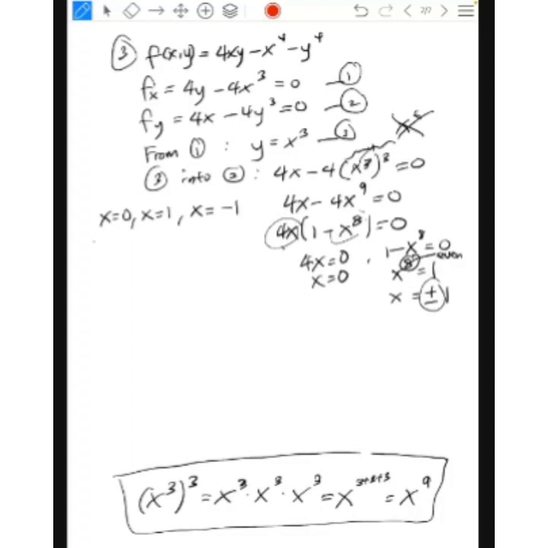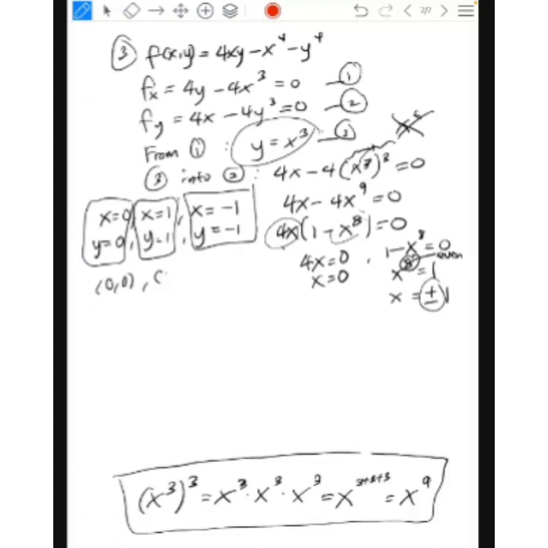Okay, and then you have to find y. So y is x to the power of 3, so y will be equals to 0 as well. This is the first critical point, and then y equals to 1, the second critical point, and y equals to -1, which is the third critical point. So I have (0,0), (1,1), and (-1,-1).